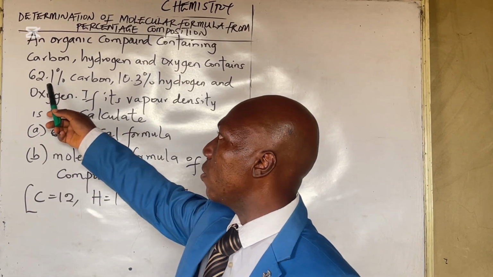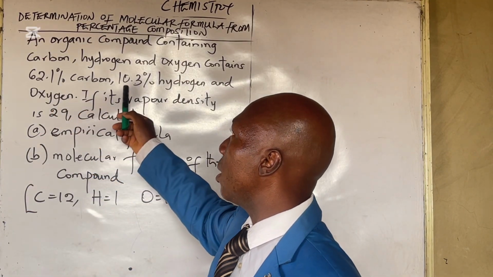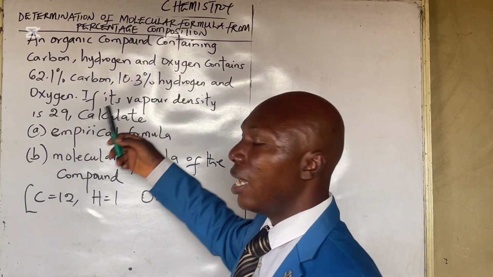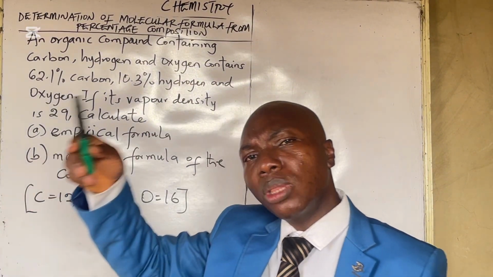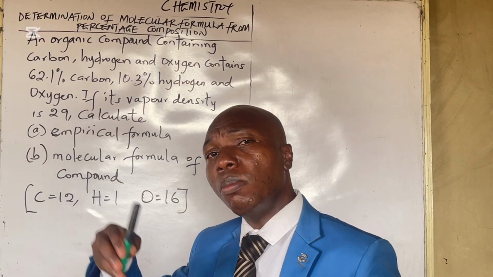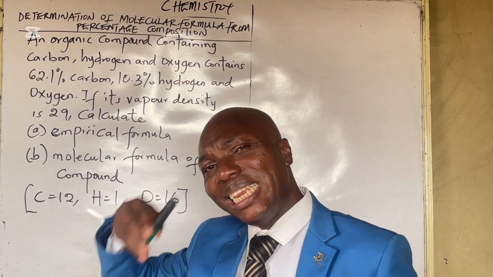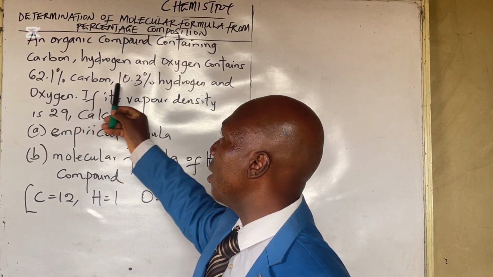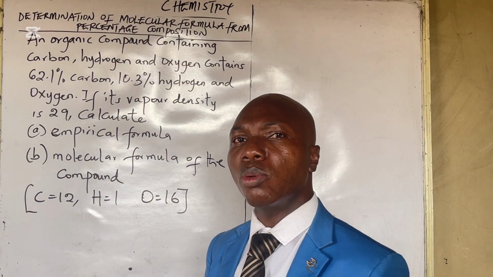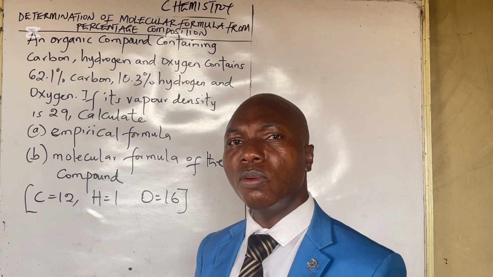So we have 62.1% carbon, 10.3% hydrogen, and the percentage for oxygen is not given. We know that the total percentage in the compound is 100. But we are given 62.1% and 10.3%, so we can calculate that of oxygen by removing it from 100.